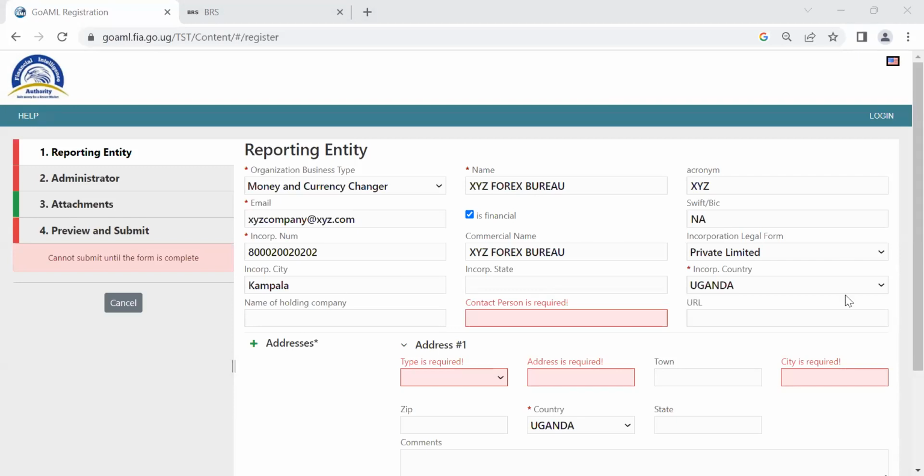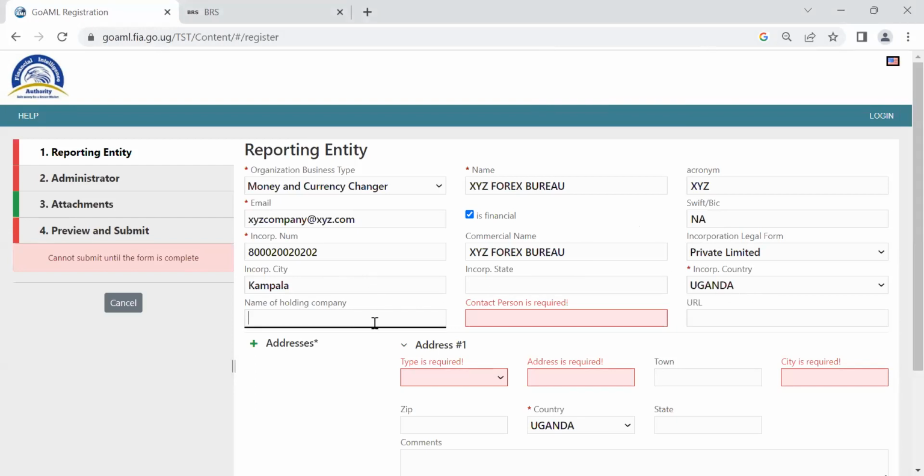Then incorporation legal form, most are private limited, but you pick the one that is applicable. Operation city, where the company was incorporated. Operation state is not applicable. Incorporation country is Uganda.